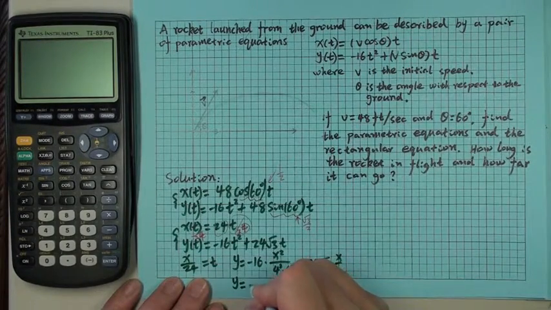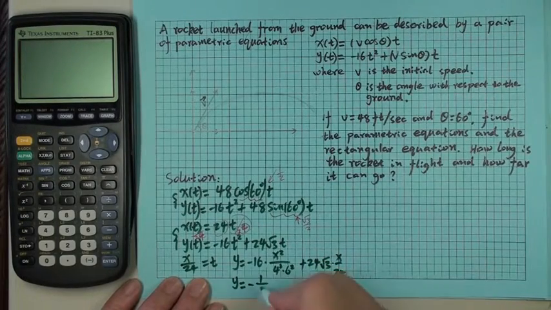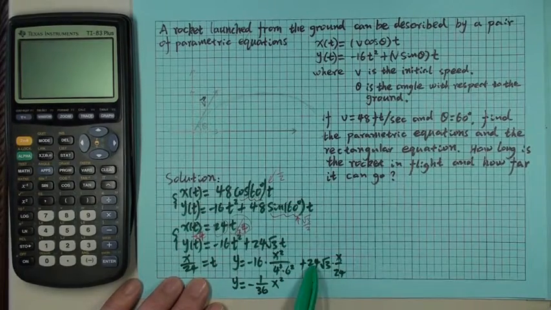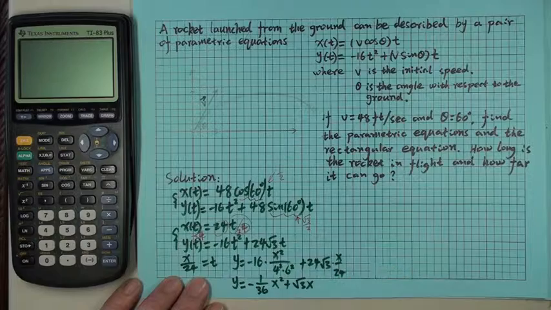So you have negative x squared over 6 squared, which is 36, plus, with 24 up and down canceling, radical 3 x. That's the solution for the rectangular equation. Yes, this is the correct answer.